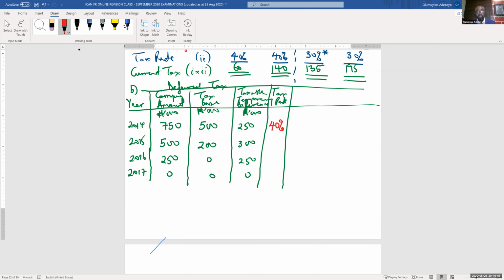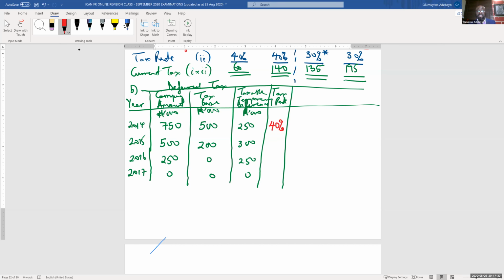In that situation, it then means that we need to capture equally the effect of future change in the tax rate as pronounced by the law, which then means that unlike actual tax, where the effect is at the time it actually took effect, for deferred tax, it's more or less taking effect in advance of the effective date, because as at 31st December 2015, the amount of deferred tax that you are recognizing is in relation to what affects 2016, 17, and upward.